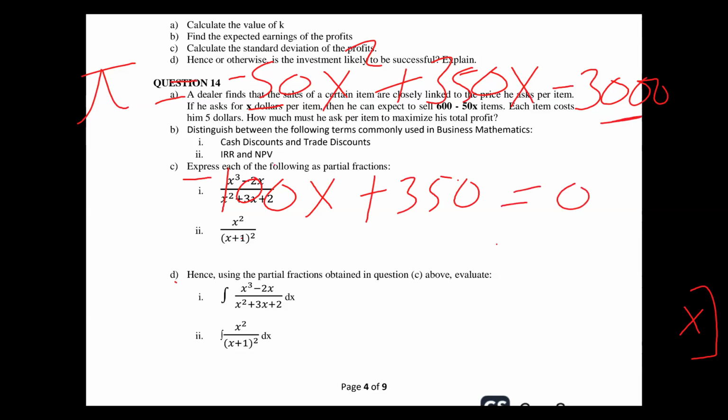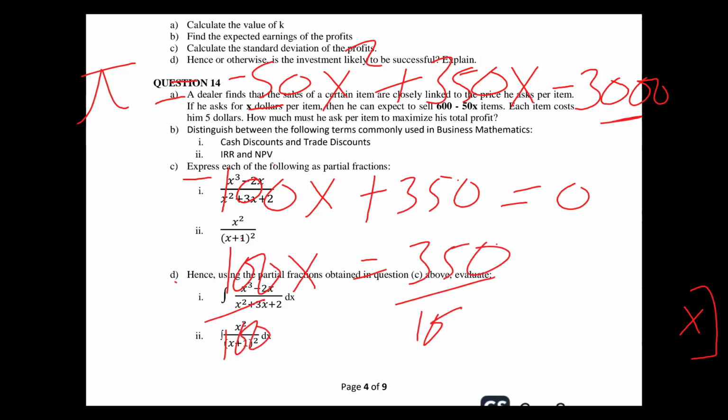And then when we get here, we are solving for the value of x so that we have 100x equal to 350. Divide through by 100, right? So that x can equal how much? How much should he ask per unit? In short, we are looking for the price that will help us maximize the profit.